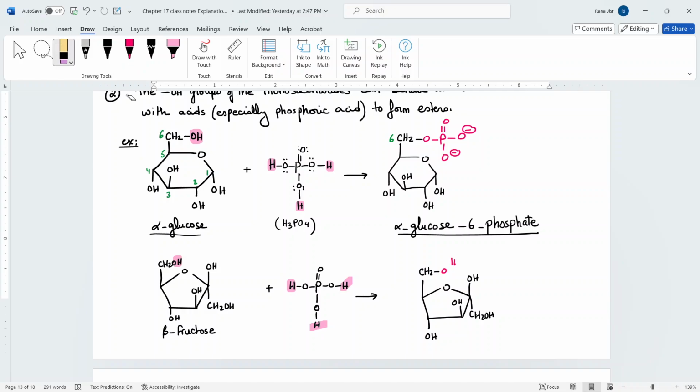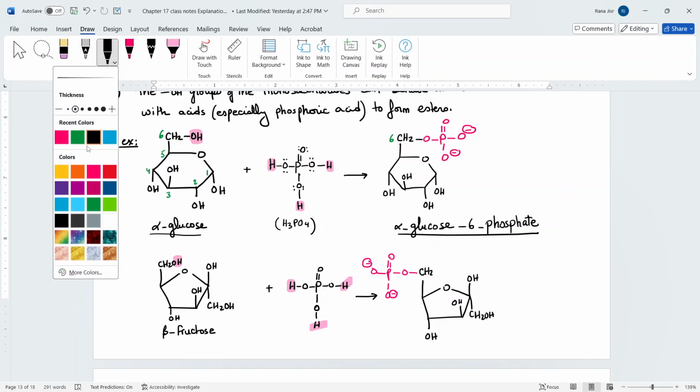Let me draw it on the other side so that I have enough room in there. So I have my oxygen here, and then my double bond O. This is why I call it an ester in this case, and this is a negative charge, and that is going to be my product in this case.